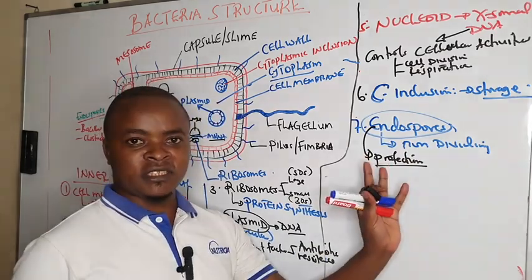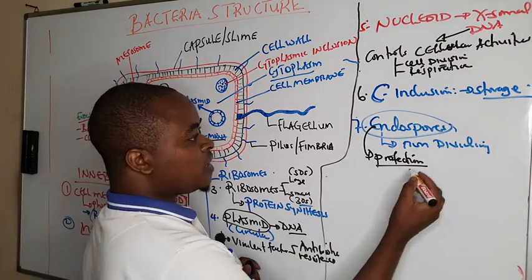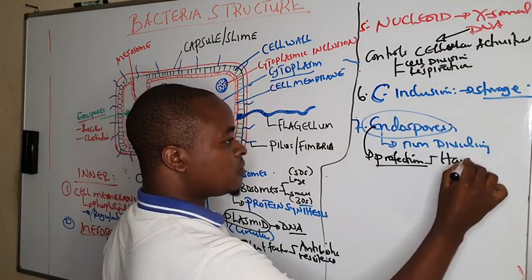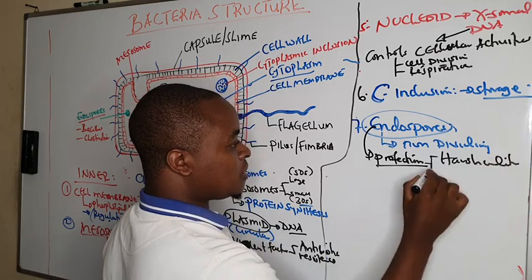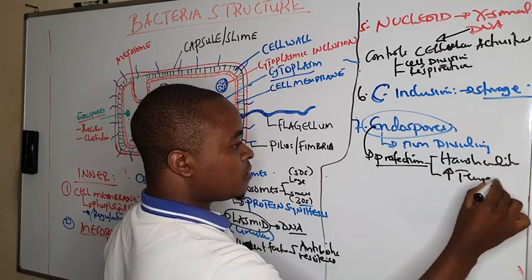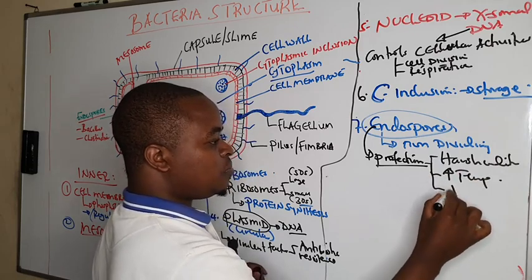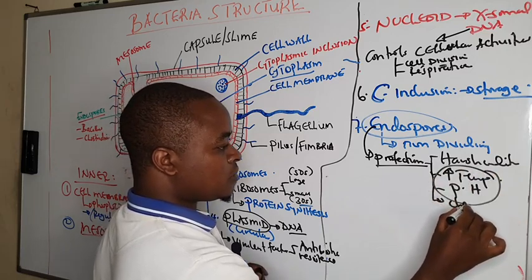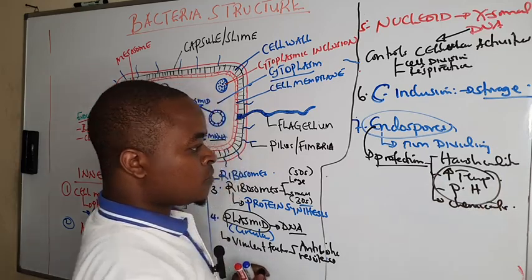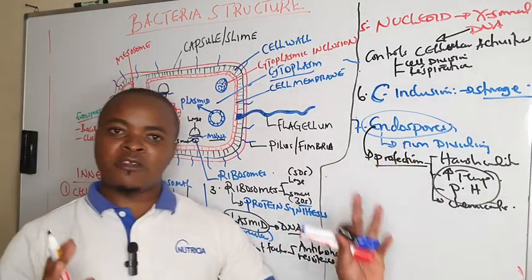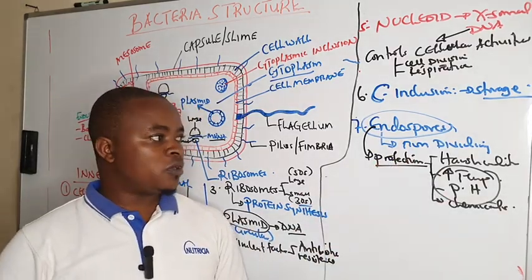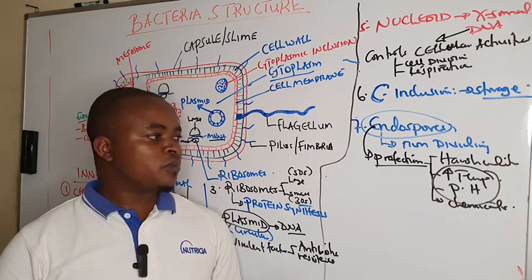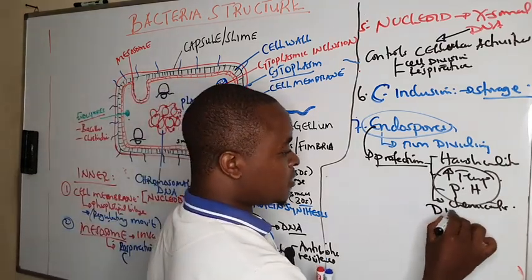They are non-vegetative, and they confer the bacteria a protection factor against harsh conditions, like high temperature, change in pH, and also even against chemicals. These spores are very heat stable, so they can make the bacteria survive in a hot environment, and even against chemicals like disinfectants.